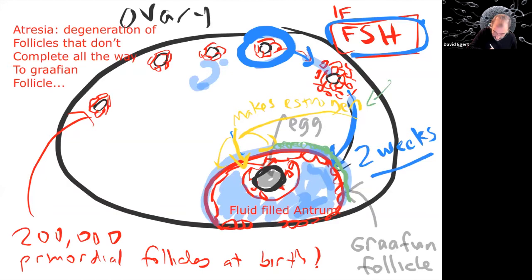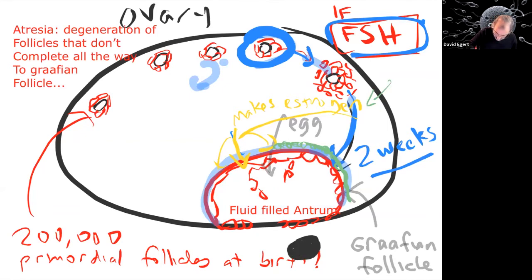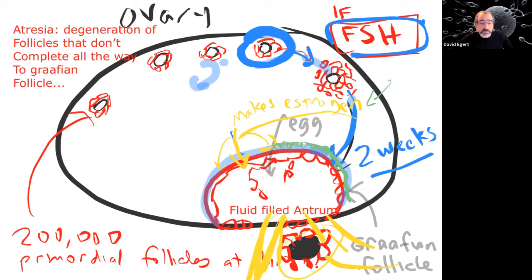Basically, the egg is going to go out and meet its destiny someplace. So it's going to hopefully get swept up by the fallopian tubes. We'll follow the egg a little later and see what happens if perhaps it meets a sperm.